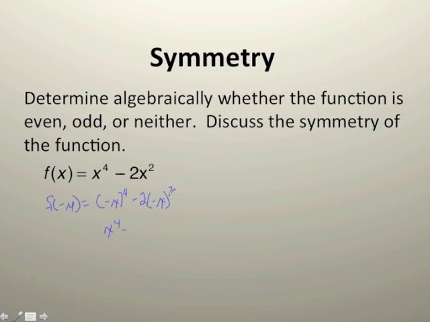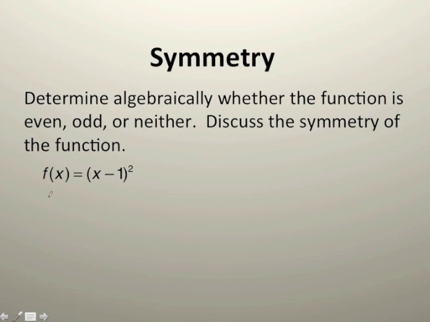And negative x, the quantity squared, turns out to be x squared. So in this case, my f of negative x turns back to equal the original. So it equals f of x. That means this is an even function and it has symmetry to the y-axis.